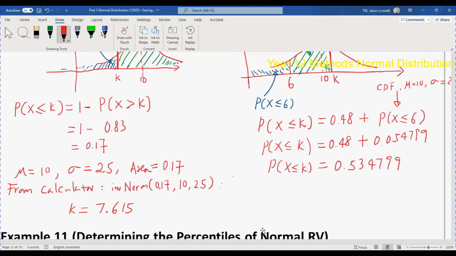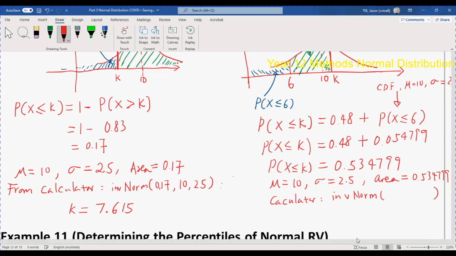To use inverse normal, your mu needs to be 10, standard deviation 2.5, area 0.534799, and on your calculator you need to use inverse normal.